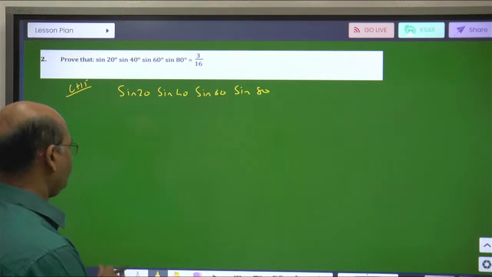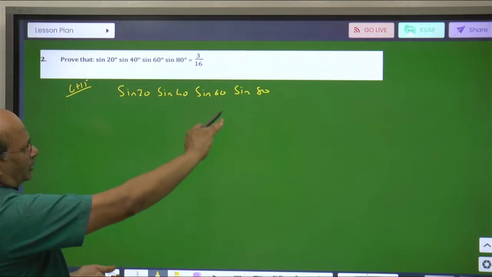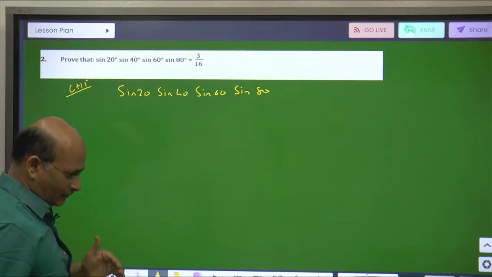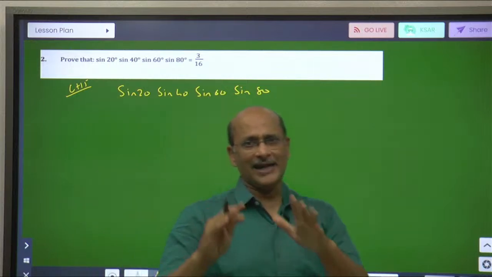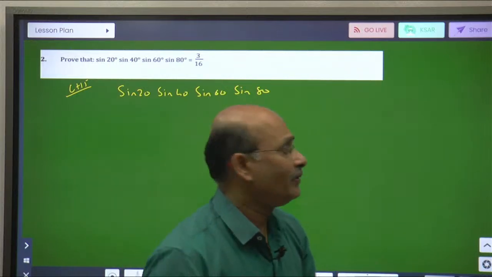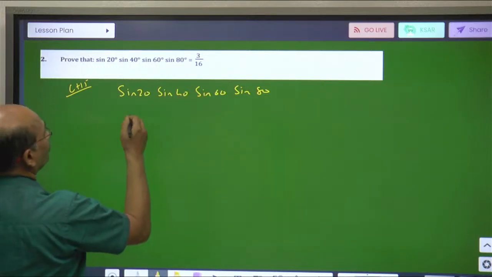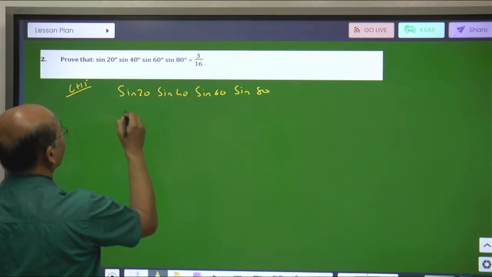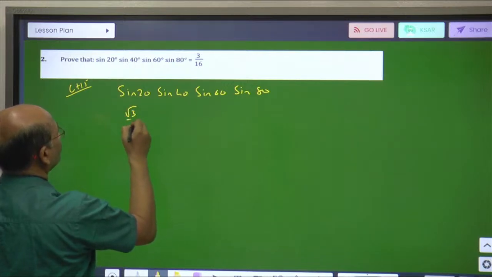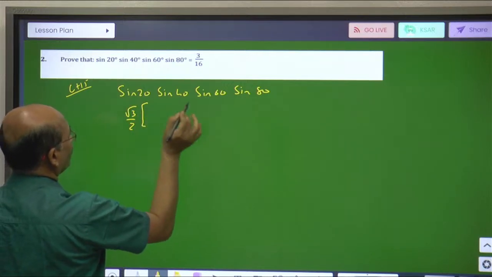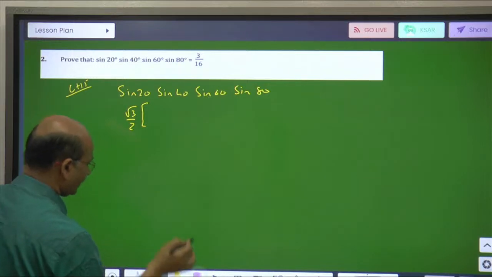Now, hold on. When I look at this question, sine 60, please try to find a standard angle. If there is a standard angle, put the value directly. Everybody knows what sine 60 is. Sine 60 is root 3 by 2. So in place of sine 60, I can just write root 3 by 2. I am not taking it common so that you don't get confused.